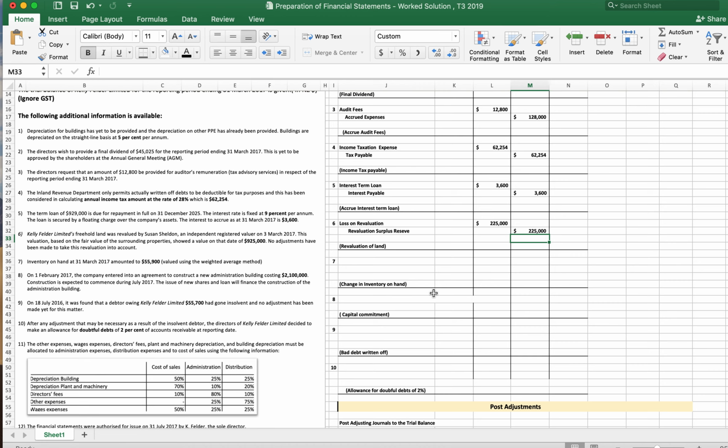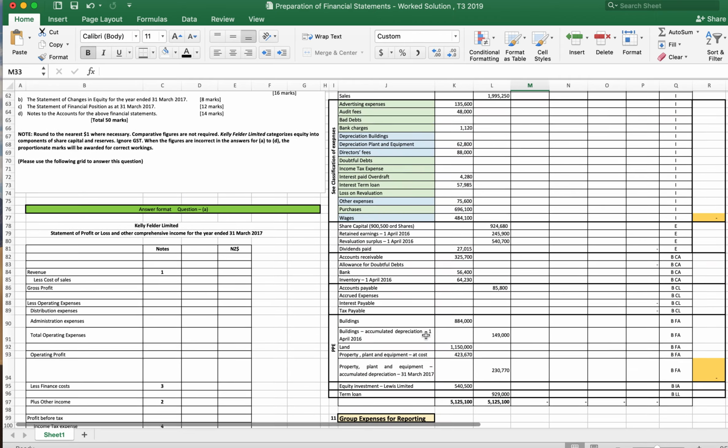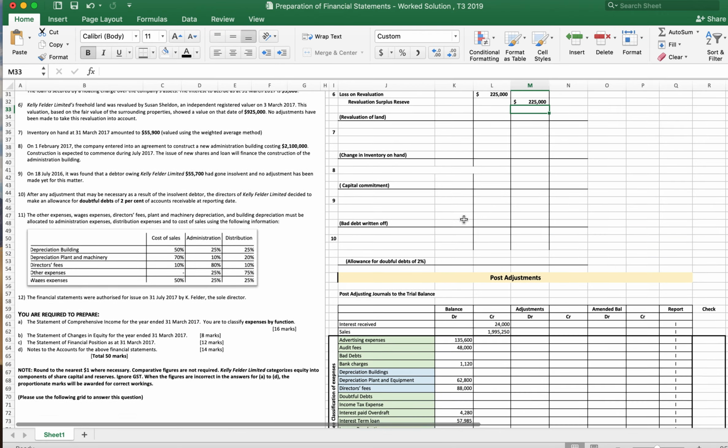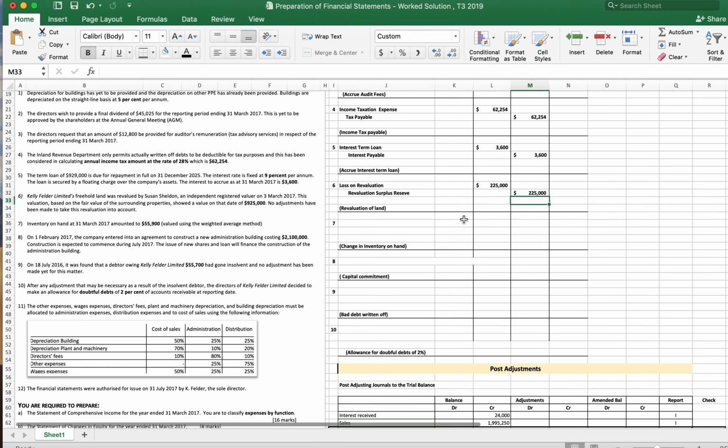Number 7, inventory on hand is 59. Okay, so inventory now is 55,900, and the beginning, because I haven't made an adjustment for it yet, the inventory at the beginning was 64. Okay, so it's less, so we have to reduce the inventory and increase the cost of goods sold, so I'm just going to put that to purchases.